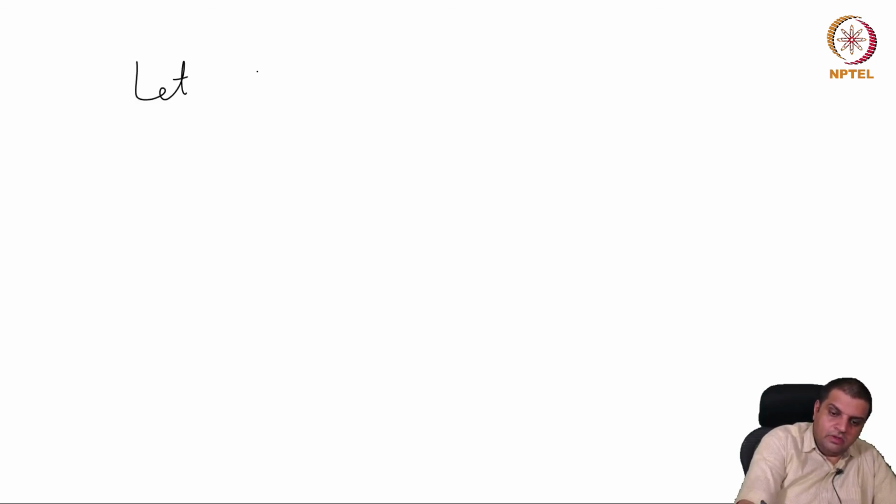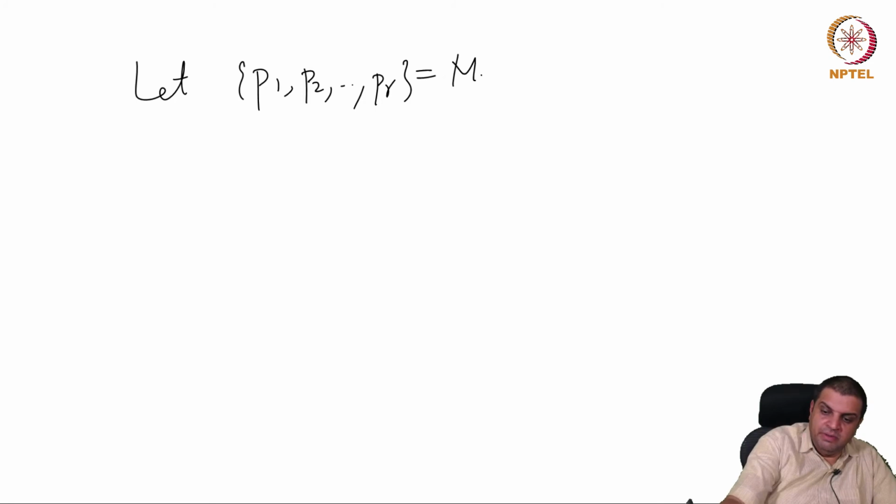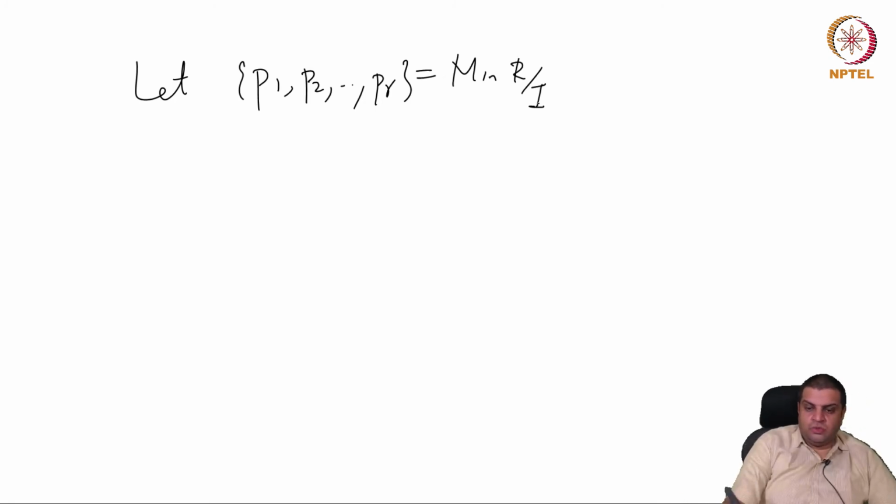Let P1, P2 through Pr be the set of minimal primes of R mod I. We have observed earlier that the minimal primes are associated, so they will show up in the primary decomposition. So let this be exactly the set of minimal prime ideals of R mod I.